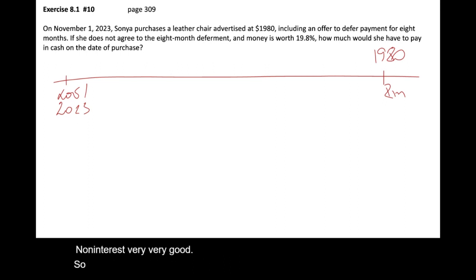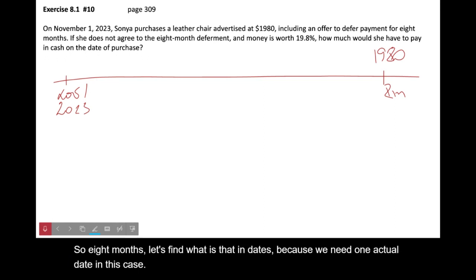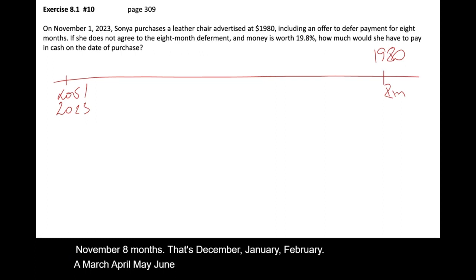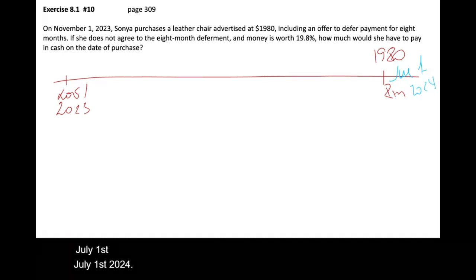So 8 months. Let's find what that is in dates, because we need the actual date in this case. So November, 8 months. That's December, January, February, March, April, May, June, July. July 1st, 2024. Please confirm my calculations.